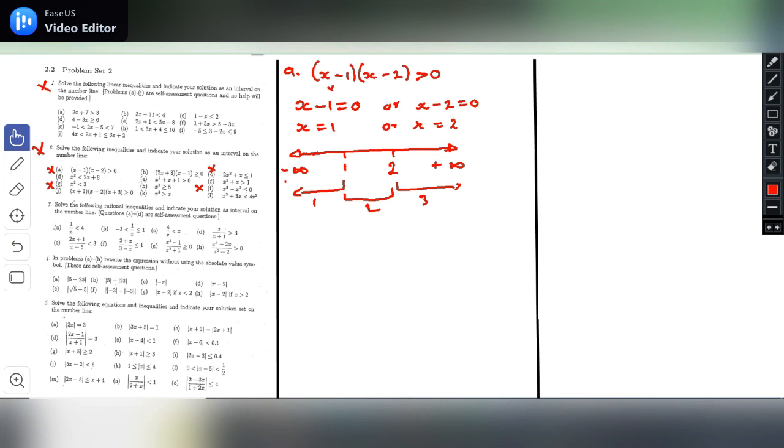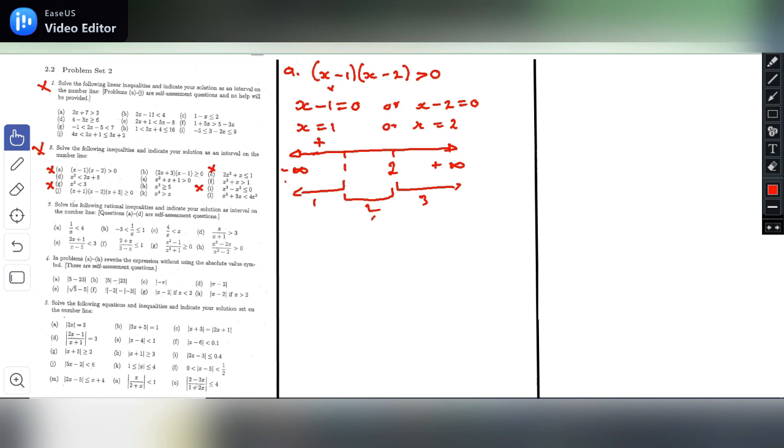The only thing that we care about is the sign, right? So let's take 0. It's going to be 0 minus 1, 0 minus 2. The answer is 2, but because it's positive, we only focus on the sign. It means we're going to have positive here. We write it here. Can you guys see it?